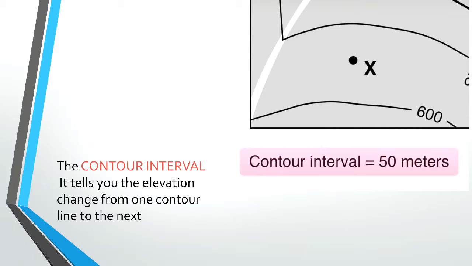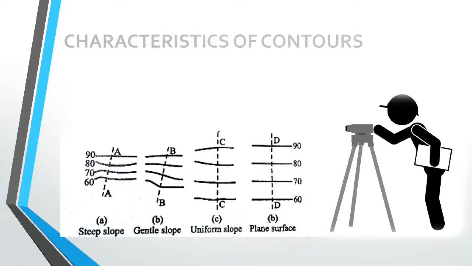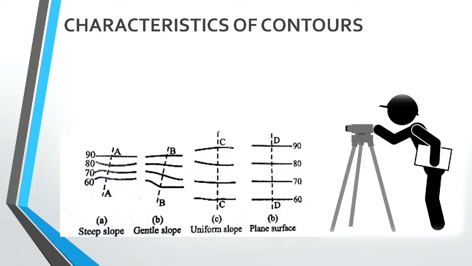Fortunately, even if you are not given a contour interval, you can usually figure out what it is by examining the lines. Now, let's proceed to the characteristics of contours.